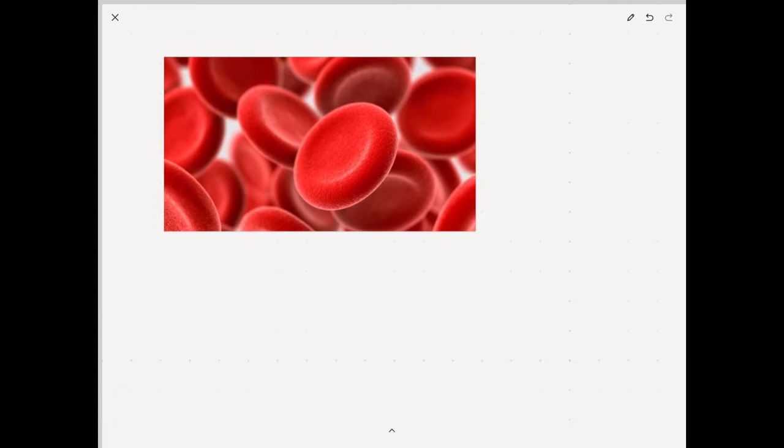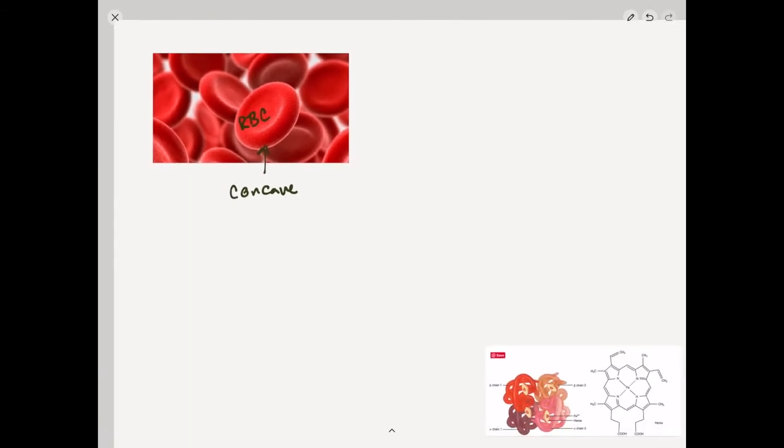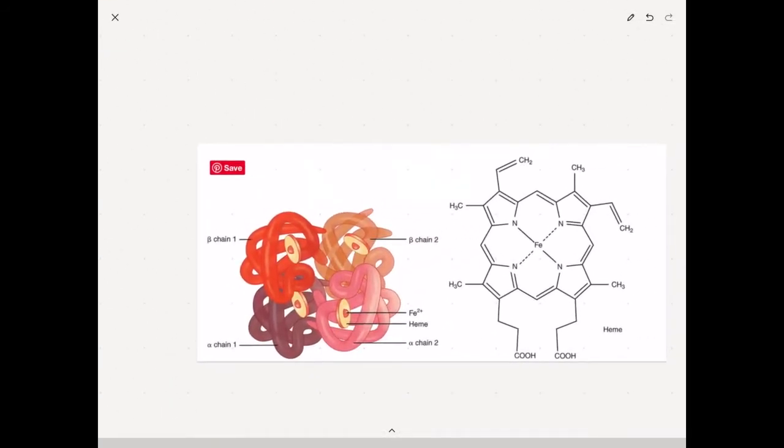So this is actually a photo of a red blood cell. And it's probably a drawing more. But if you look at red blood cells under a microscope, this is actually what they look like. They're a bit concave, and this increases the surface area. But remember, inside of this cell membrane is only hemoglobin. And this is a 4 subunit protein.